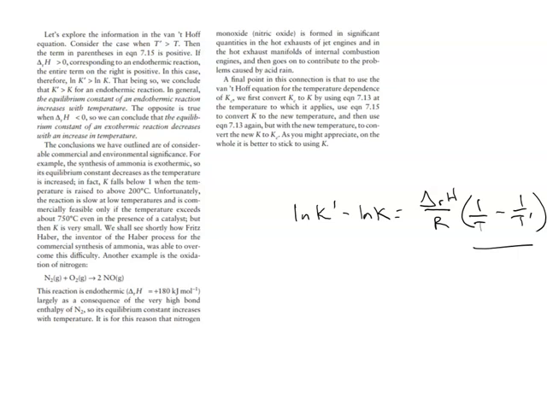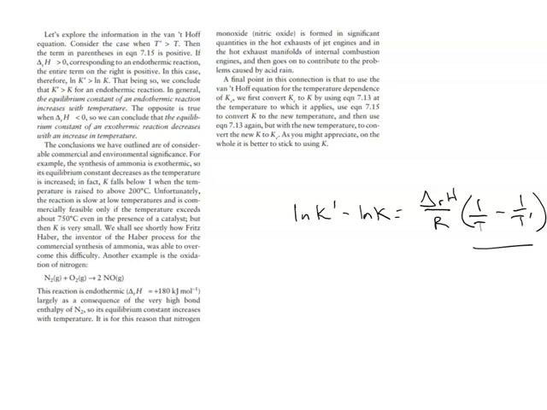If delta H is greater than 0, corresponding to an endothermic reaction, the entire term on the right is positive. In this case, therefore, natural log of K prime is going to be greater than natural log of K. That being so, we conclude that K prime is greater than K for an endothermic reaction.